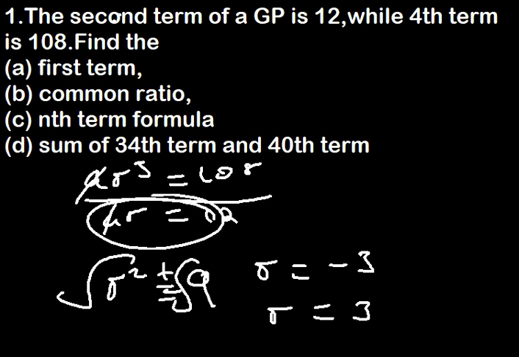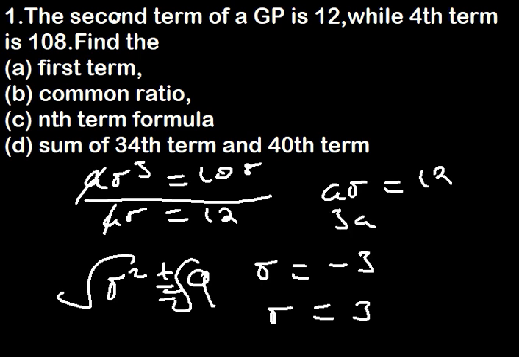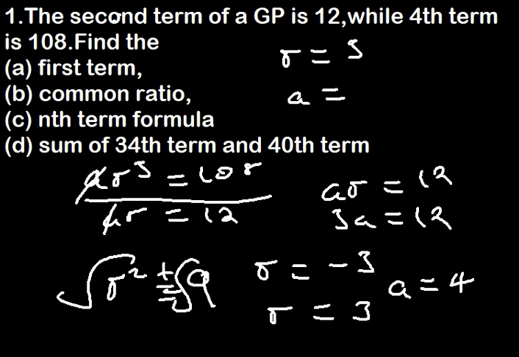Let's say we use the other equation. So we have ar is equal to 12, and with the common ratio as 3, we have 3a is equal to 12. So what is the first term? We have it as 4. So the common ratio is 3 and the first term is 4. Keep that in mind.